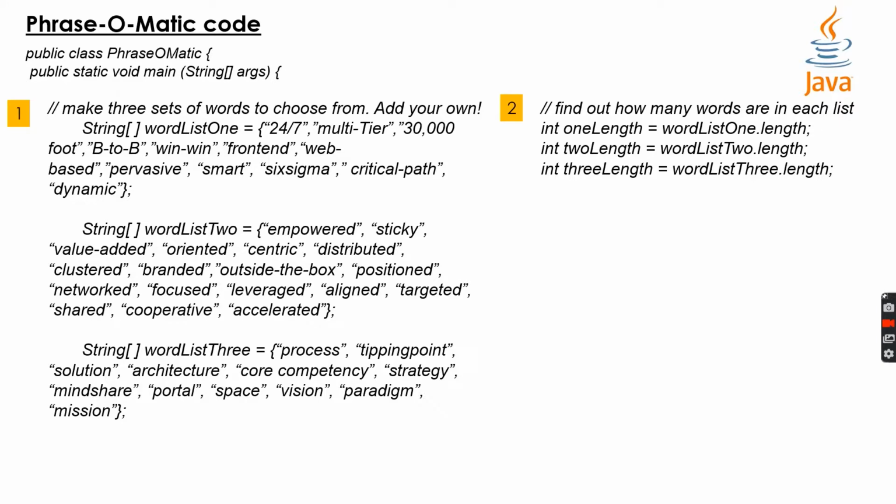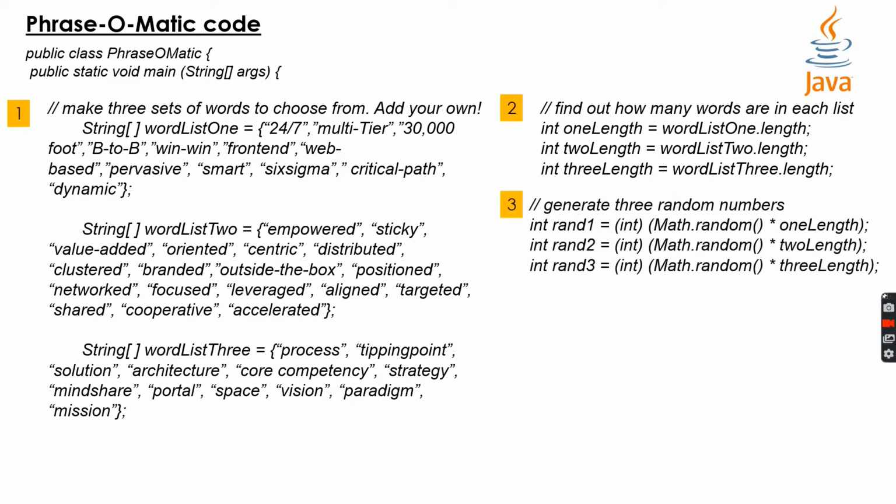Java arrays are zero based, so the first word is at position 0, the second word is position 1, and the last word is at position 13 in a 14 element array. Quite handily, a Java array is more than happy to tell you its length. You just have to ask. So here we ask int oneLength equals wordList1.length. So here we use the dot length command.